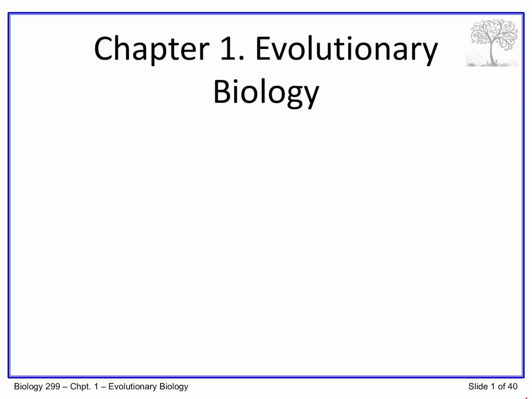This first chapter is obviously going to be an introduction to the broad field of evolutionary biology. It's going to give you an introduction to the history of the development of evolutionary theory with Charles Darwin, Alfred Russel Wallace, some of the important players in this, and generally give you an idea of some of the early concepts about how evolution might work and compare and contrast those a little bit.